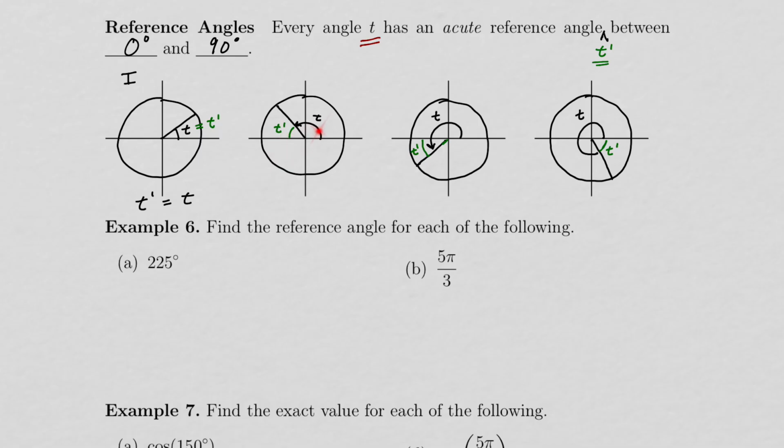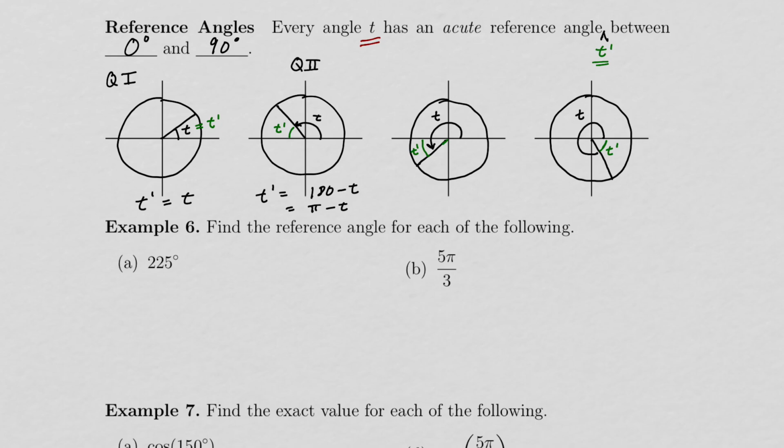And if I subtract the actual angle, that'll give me the reference angle. So in the second quadrant, t prime is going to be 180 minus the actual angle. Or if you're using radians, it'll be pi minus the actual angle. So this is quadrant 1. This would be quadrant 2.